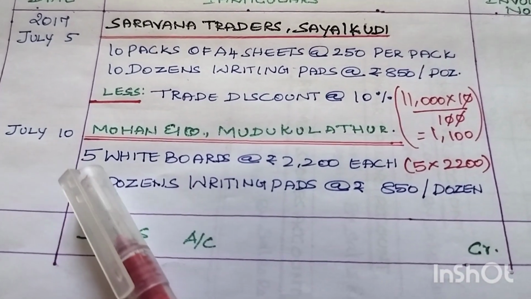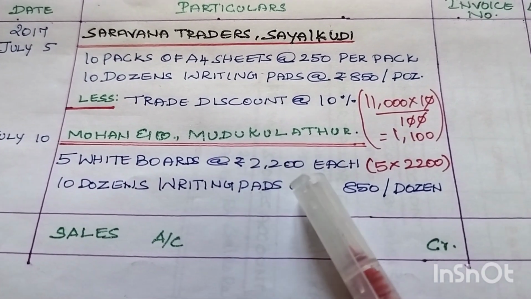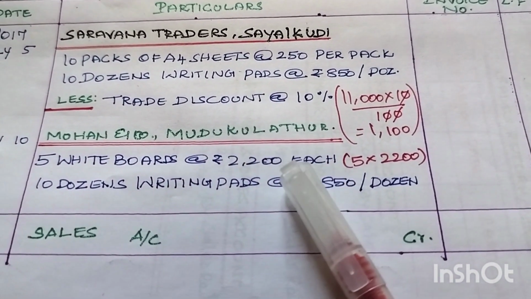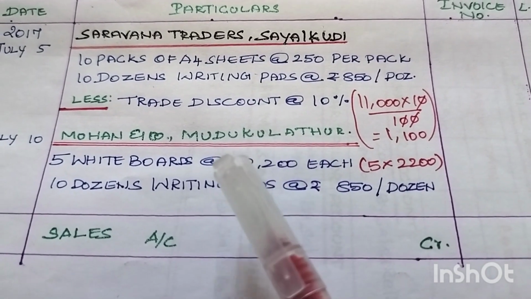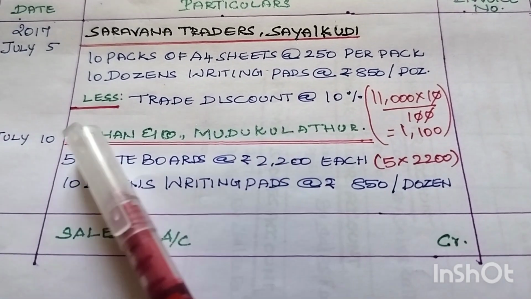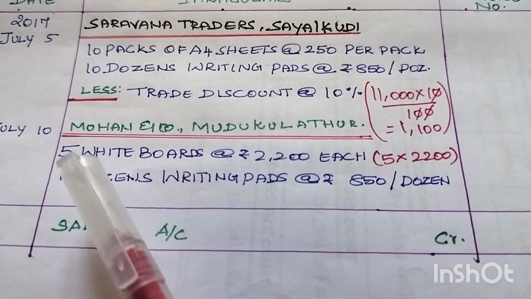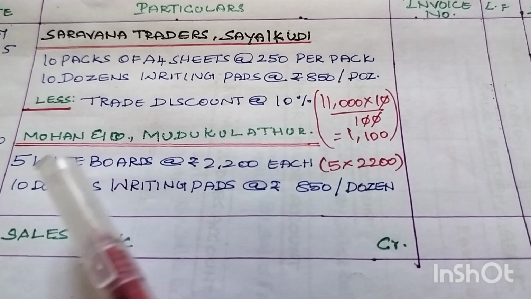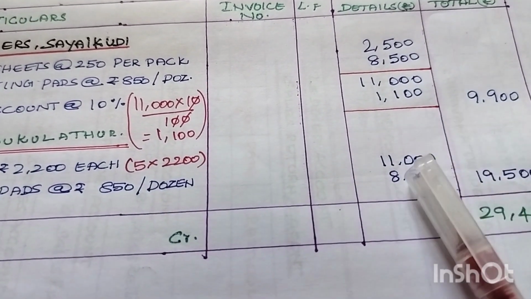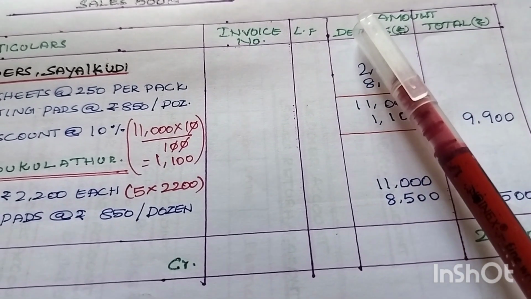That is 5 whiteboards at rupees 2200 each. So each whiteboard rate is rupees 2200. How much for 5 whiteboards? You have to multiply 5 into 2200, you will get 11,000. That 11,000 you have to enter into the details column.